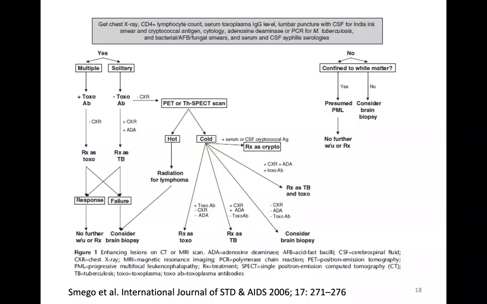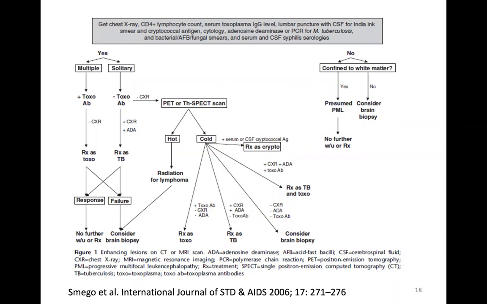Yes, we can hear you. Thanks. For primary CNS lymphoma, commonly the lesions you find are solitary, and then you can even have multiple lesions, but they have a predilection for being in the periventricular area where they affect the white matter regions.